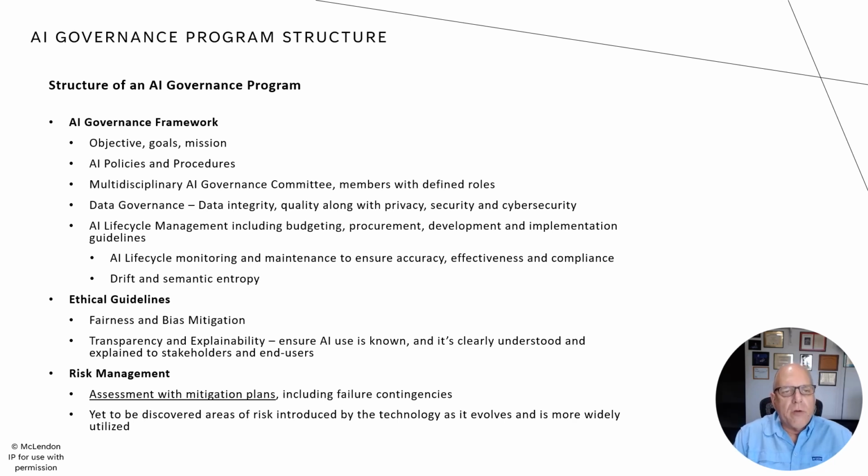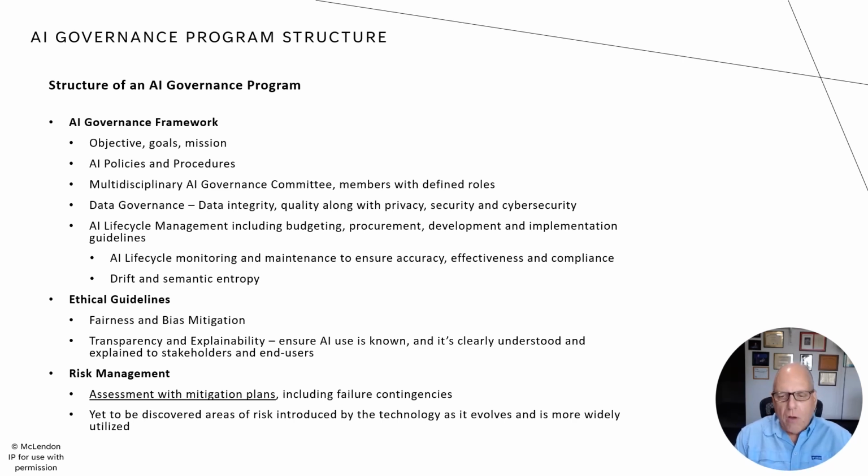An AI governance program structure. Here's the structure of an AI governance program. You have an AI governance framework that you're going to use. That's what we just call a set of questions and specifics that you can have and work through. You want your objectives, your goals, your mission, all that goes in the framework.